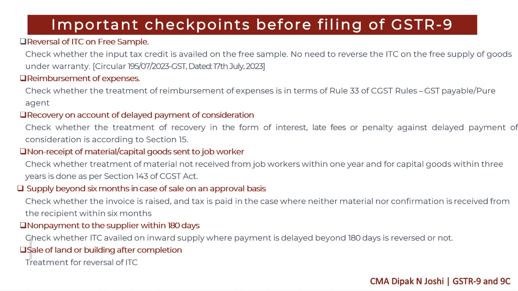The cognizance or impact of these transactions is very important, which we all should remember when we are filing GSTR 9 and 9C. So this was the third aspect of our today's discussion.